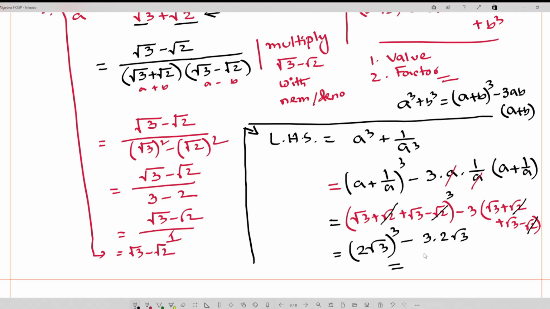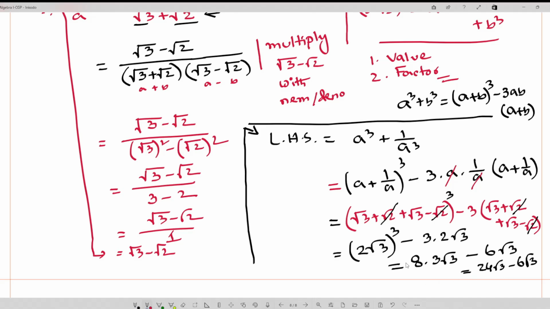2 cube means 8, times root 3 cube means 3 root 3, minus 3 times 2 means 6 root 3. 8 times 3 means 24 root 3 minus 6 root 3.